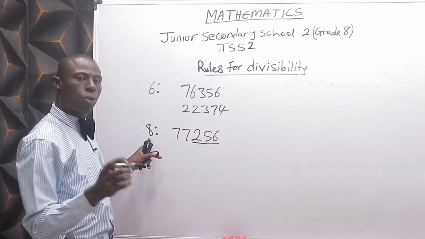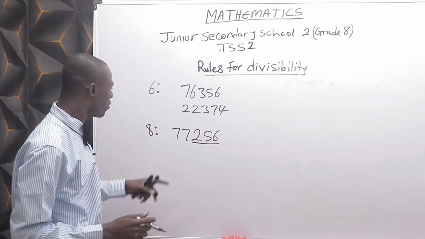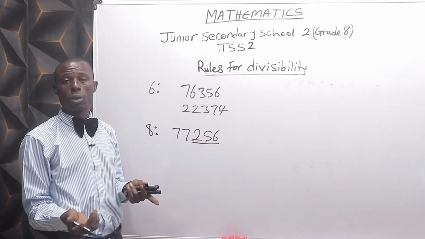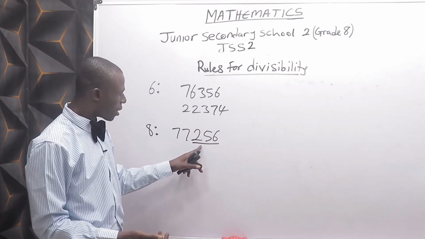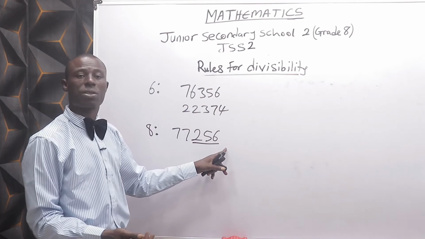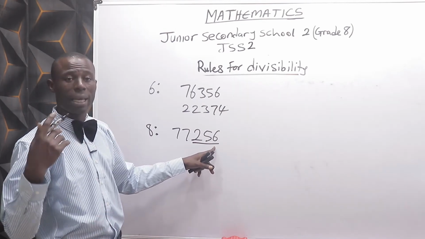Because of that, we want to believe that 77256 is exactly divisible by 8. That's the rule. The last 3 digits form 256, and 256 is divisible by 8.